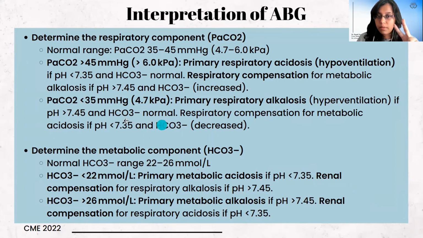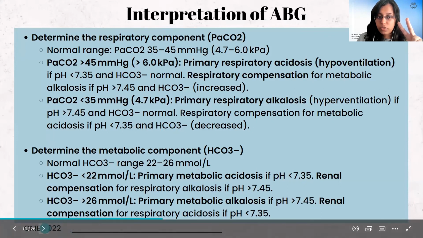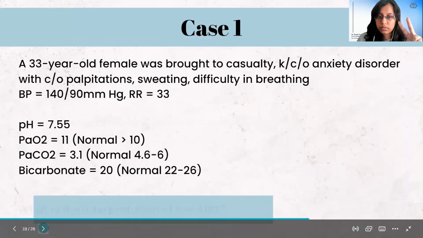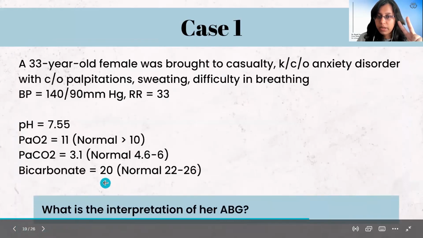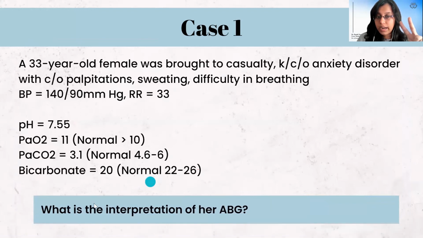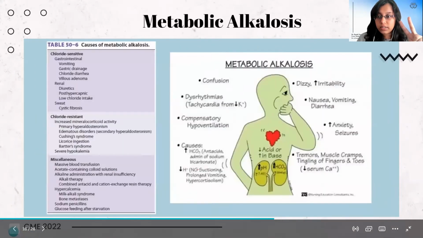You look at the bicarb. If bicarb is normal, then it's primary respiratory alkalosis. If bicarb is low, then it's compensation. If we go back to the case, what is her bicarb? Bicarbonate is 20. Bicarbonate is less, right? So what is it?